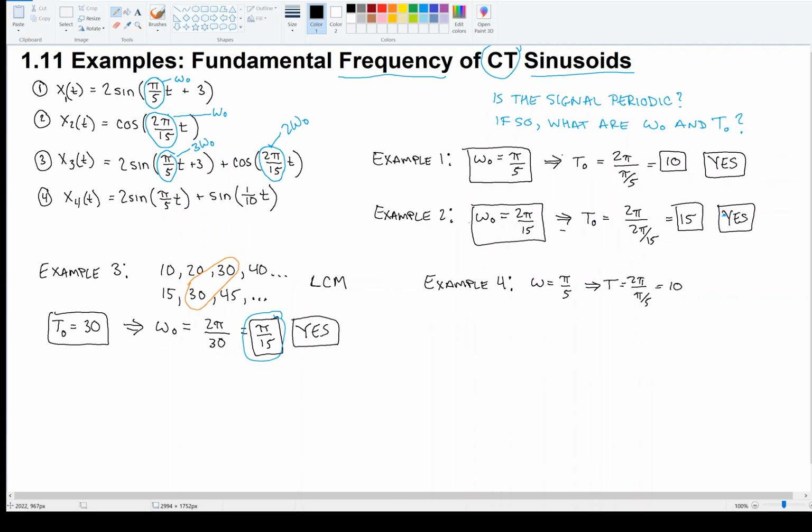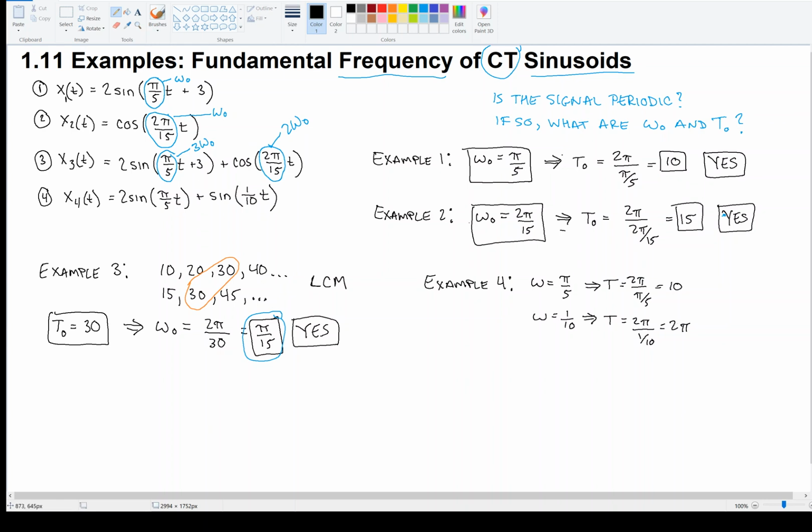Now the second component has a frequency of 1/10, which means it has a period of 2 pi over 1/10, or 20 pi. So the first one repeats every 10 units of time, the second one repeats every 2 pi units of time.